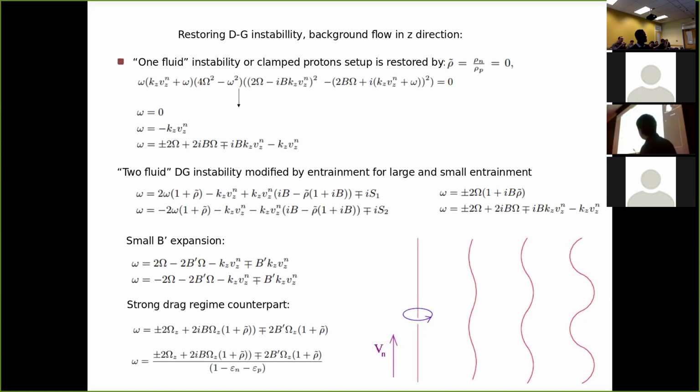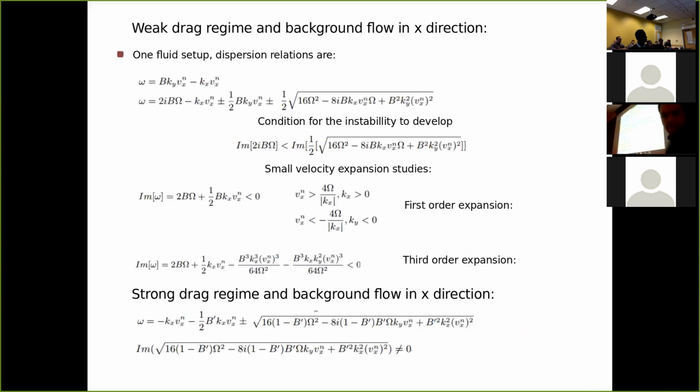We may obtain similar results for the expansion when we consider the strong drag regime, or when we neglect B but take into account B prime. And there are also some results if you neglect almost everything except B and B prime, and these results are unknown and they are simple.